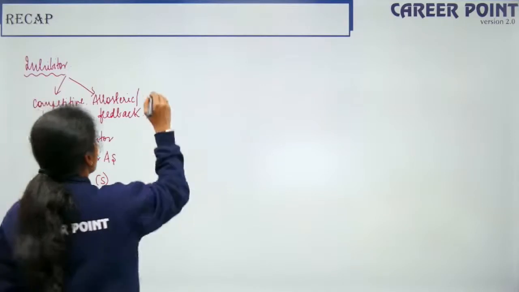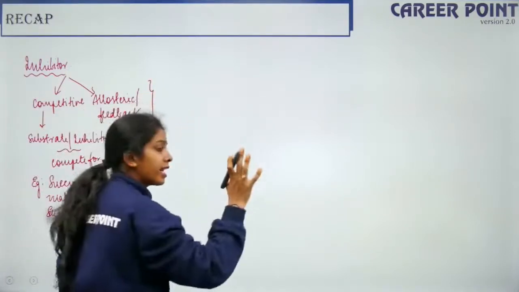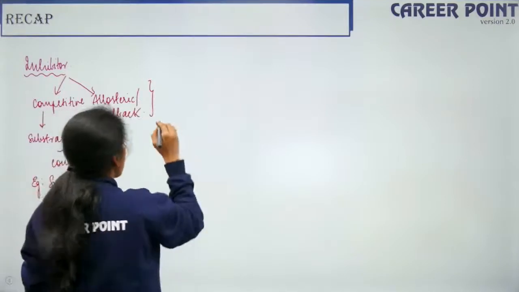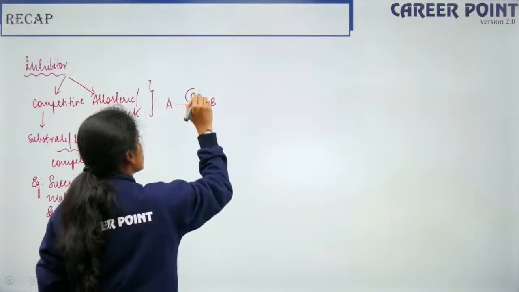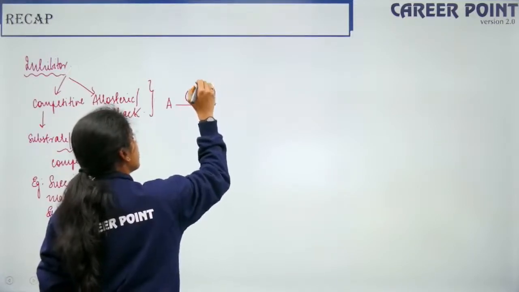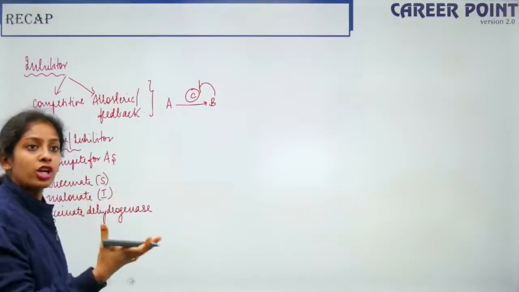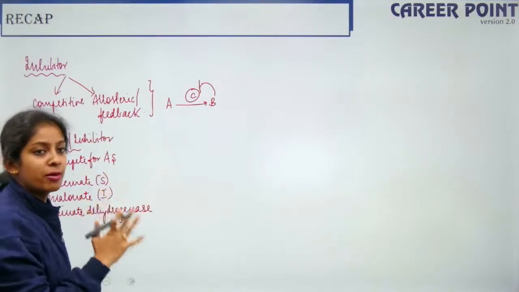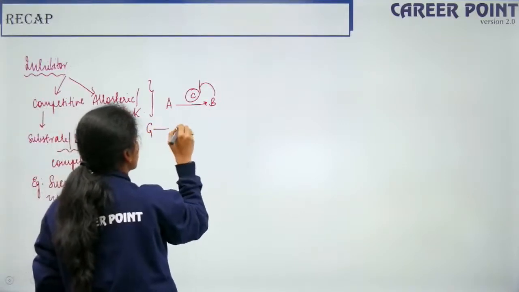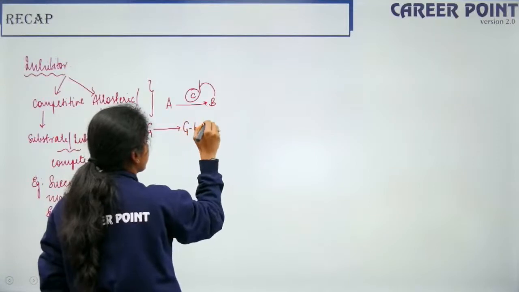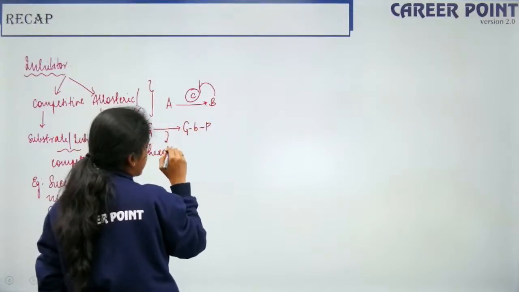The next type, allosteric or feedback inhibition, is when the product inhibits the enzyme. For example, when A gives B in the presence of enzyme C, B itself will inhibit the work of C. When more product molecules are formed, that itself will inhibit the formation of the product. An example is glucose to glucose 6-phosphate, catalyzed by the enzyme hexokinase.